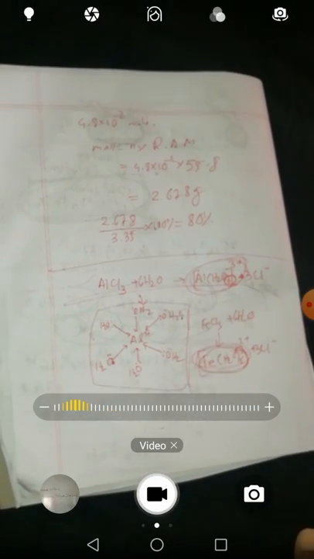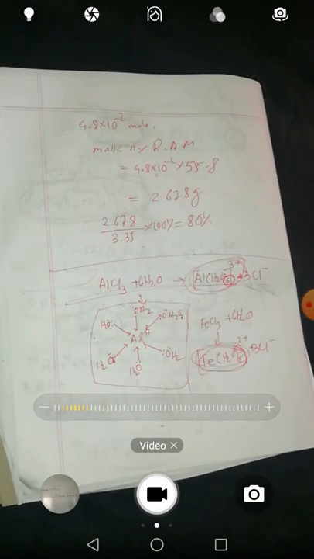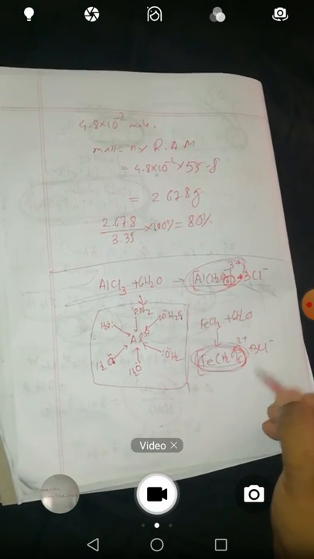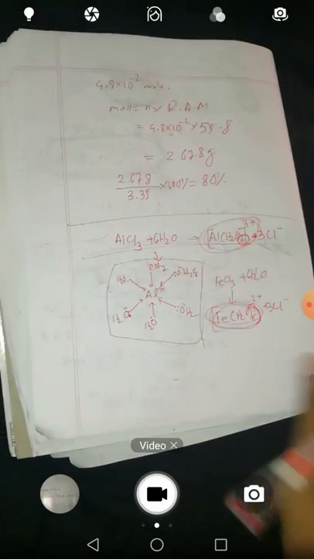Now what further happens is that this Al(H2O)6 or Fe(H2O)6 carries out a further reaction to release H plus ions in water.